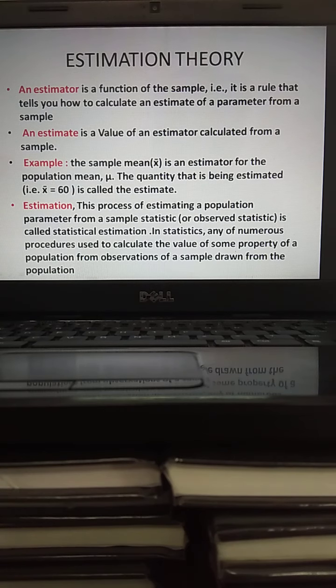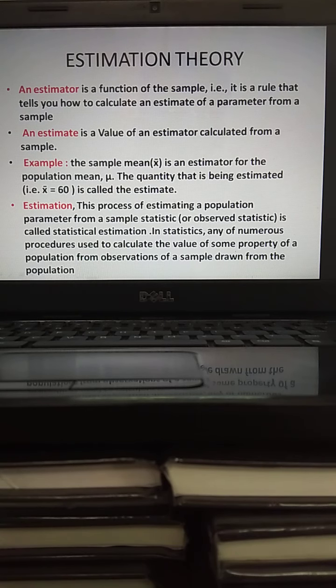So what is the example? Let us suppose the sample mean is x bar. After using that formula, let us suppose you got the answer as 60. That means x bar is known as the estimator, and this numerical value 60 is known as the estimate.